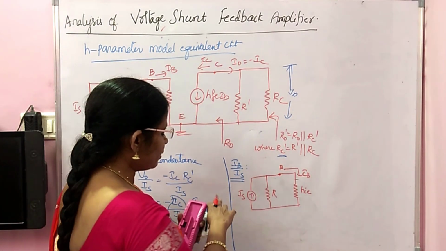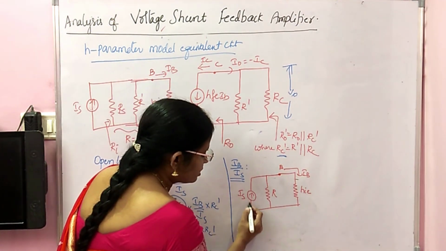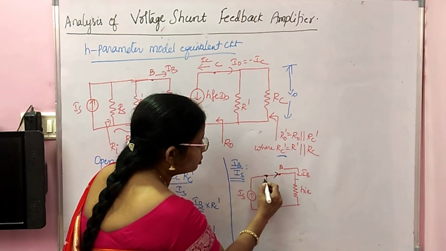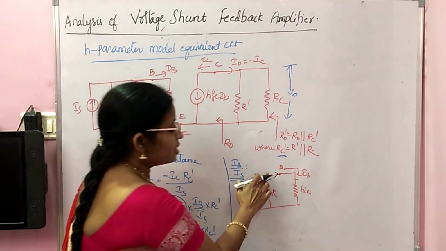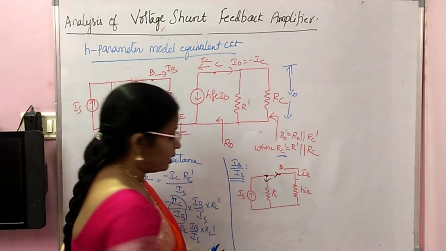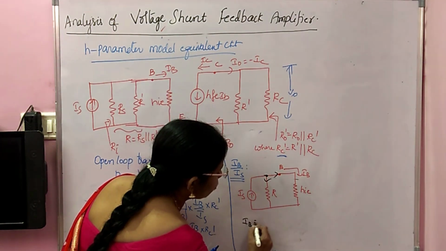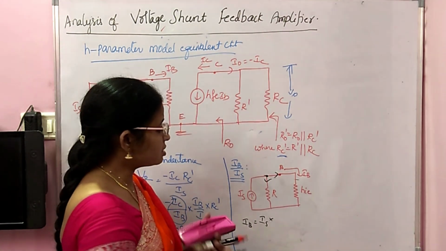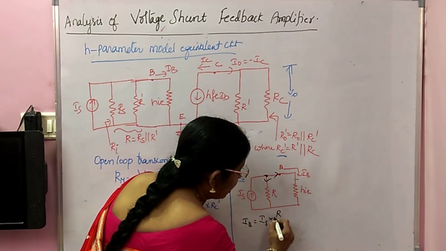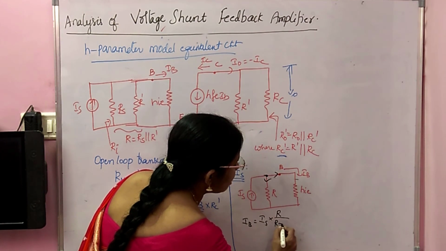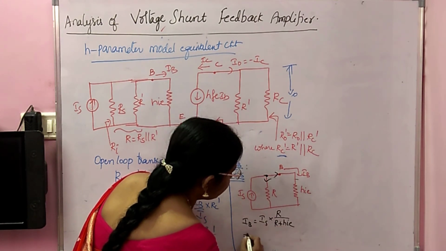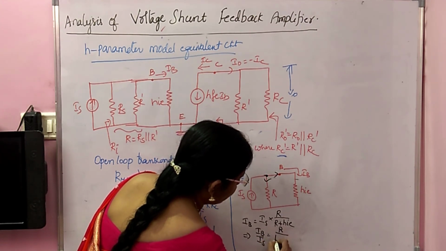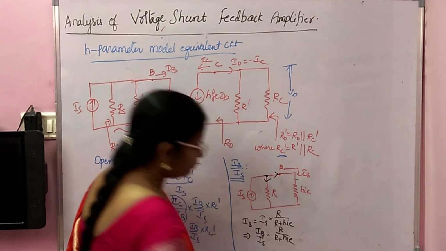Now, what is happening here? Your IS is coming to this node, and then it gets divided into two parts. This branch current is your IB. So, how to write IB? IB equals total current IS into the opposite resistance R by the sum of the two resistances. It implies IB by IS is equal to R by R plus HIE.